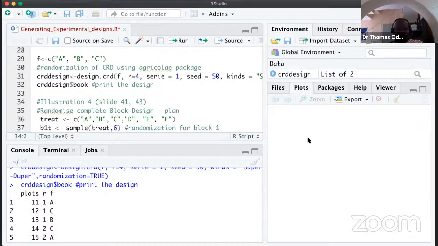What changes have you observed between the book that we had when series is equal to 1 compared to when series is equal to 2? Okay, somebody said the plot numbers change. So let's change again to series 3, and run.